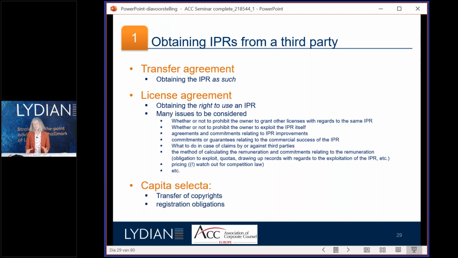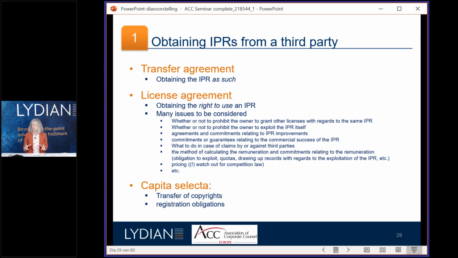It's quite simple, but it involves a lot of liability, and I will not go back to this issue because they are quite similar regarding any type of contract. But you can also transfer not strictly the IP rights, but the right to use the IP right, and that is through a license agreement.